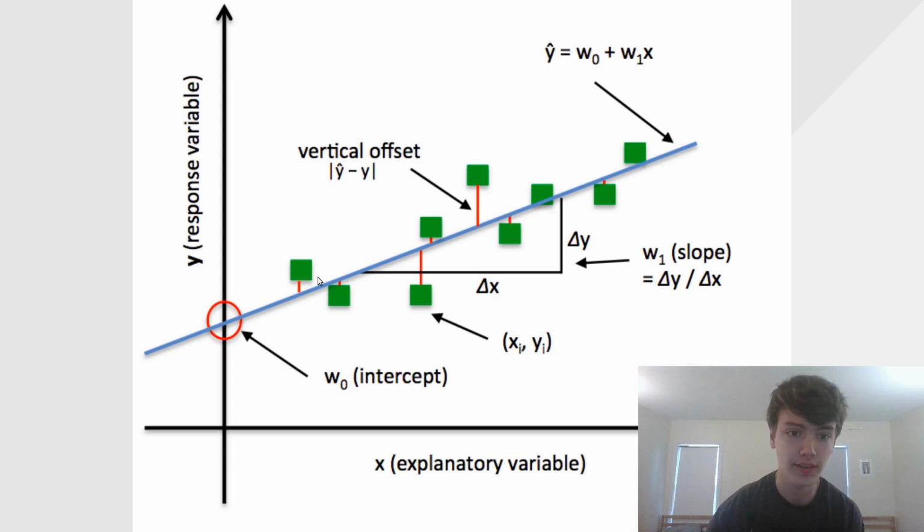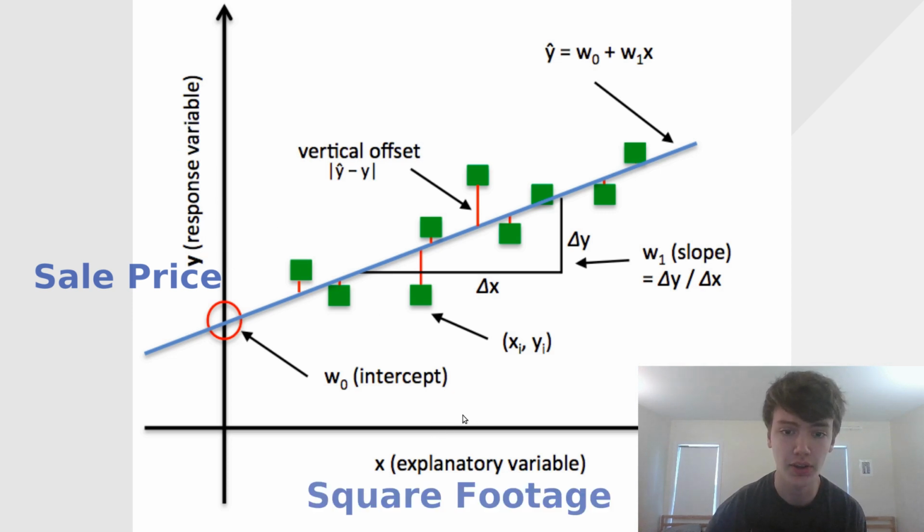So for instance, we can say in our example that the y right here represents the sales price of a house, and the x right here represents the square footage. So here are all of the houses plotted with their square footage and their sales price, and you can see the house with the biggest square footage also has the biggest sale price, and the house with the smallest square footage has almost the smallest sale price.